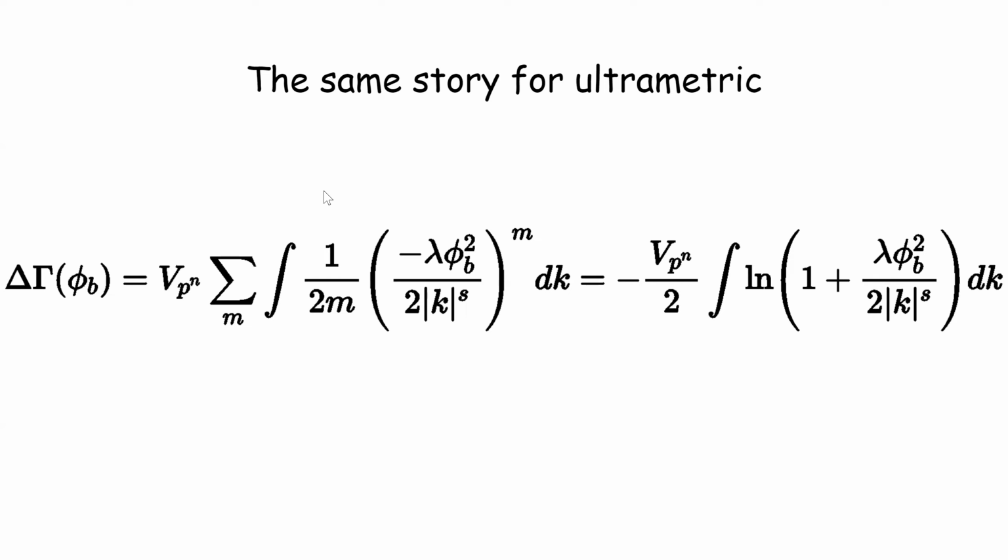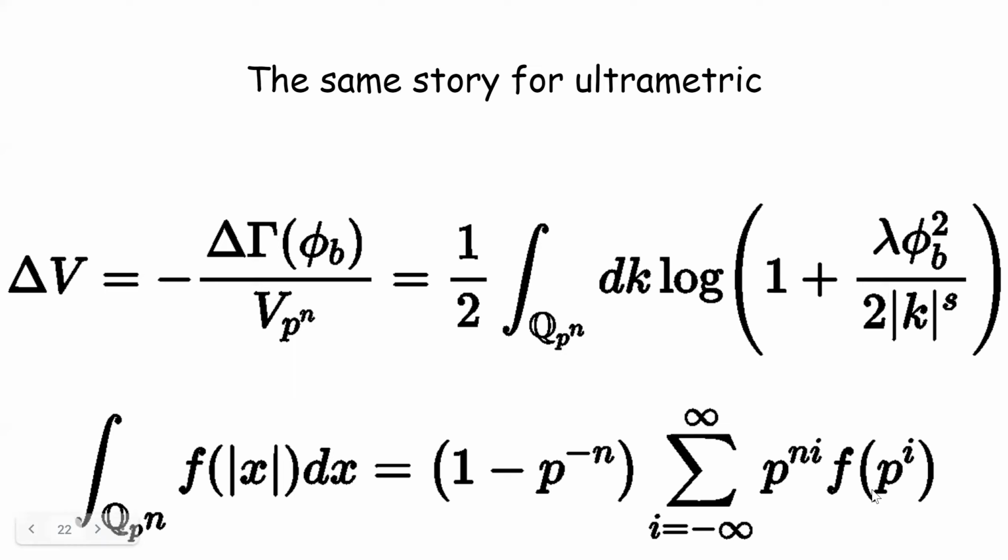It looks like, as you can remember, the integral in the Coleman calculation of the effective potential in real-valued field theory, where there was a dependence on the d-dimensional space of momentum, and here we have just one integral, but due to properties of integration on the unramified extension, we can mimic the behavior of n-dimensional field theories by taking different powers of n. So let's proceed with how it happens.